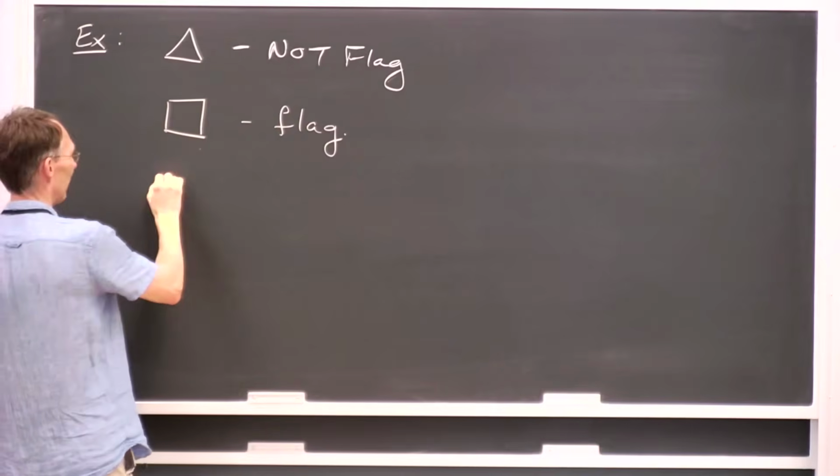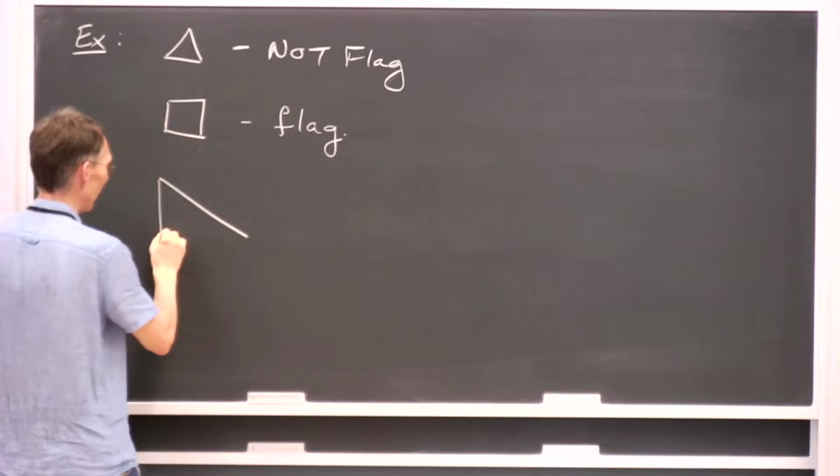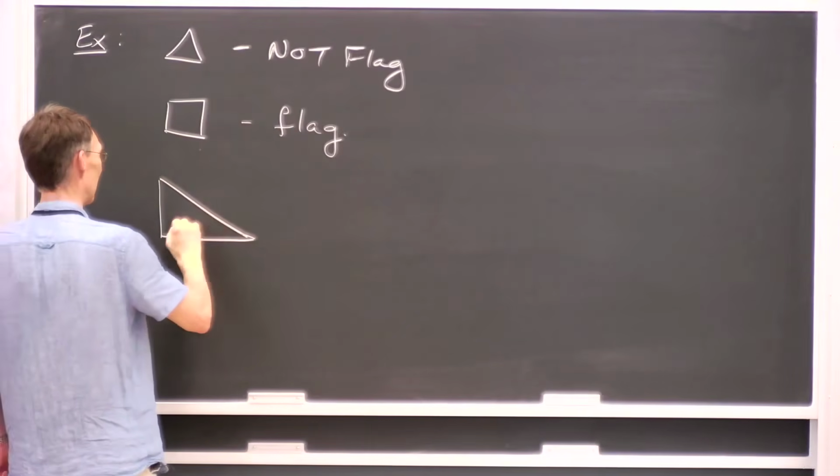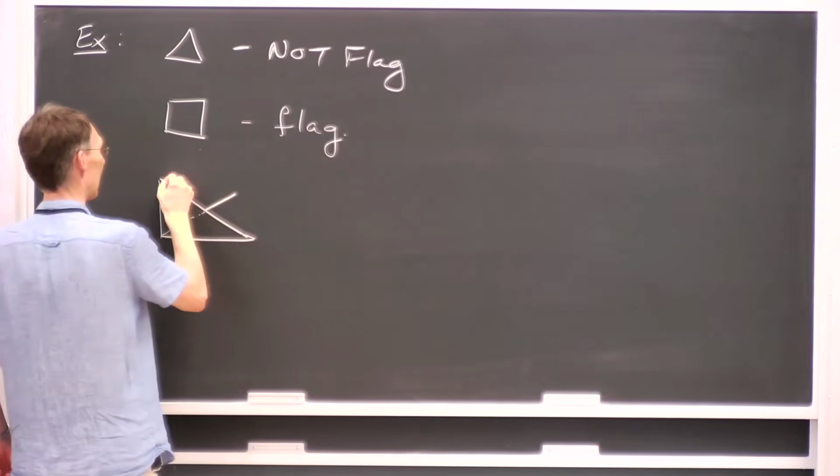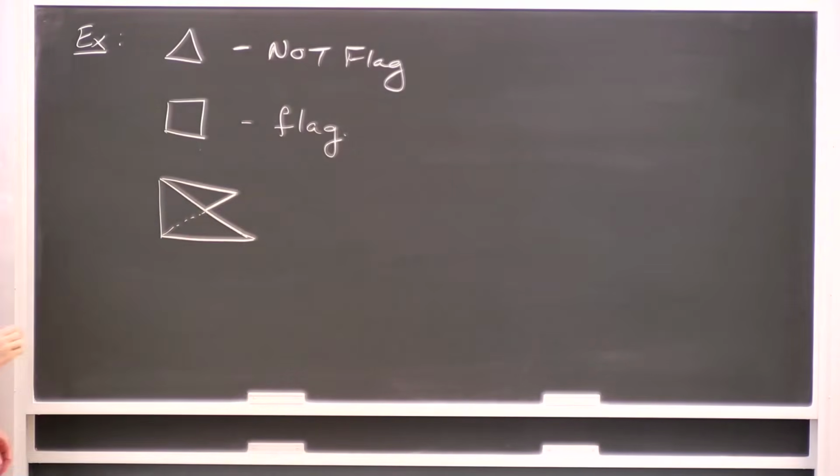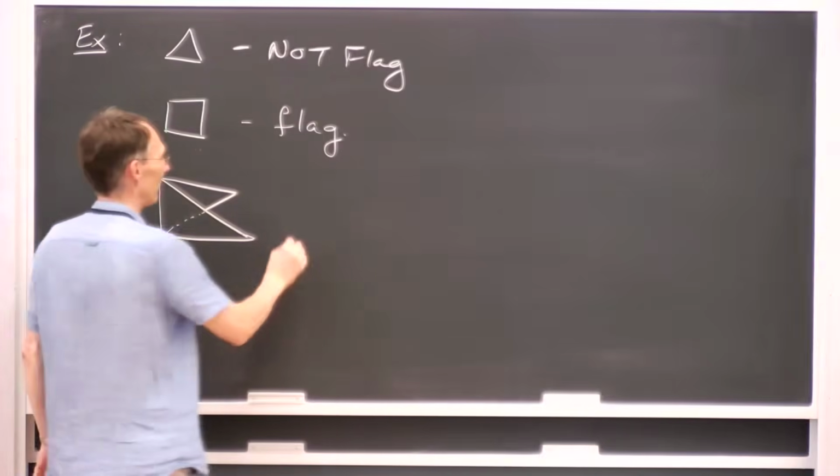My drawing is not great, but I'll see what I can do. If you were to look at something like this, you've got a missing two face here, a missing two face over here, so this is definitely not flag.